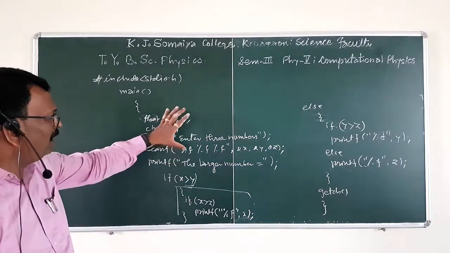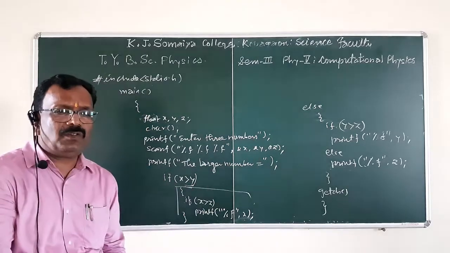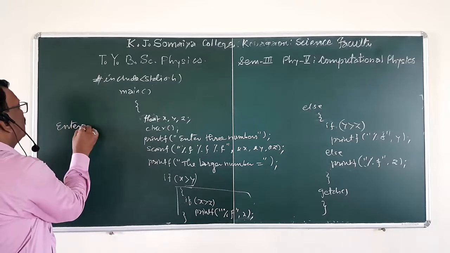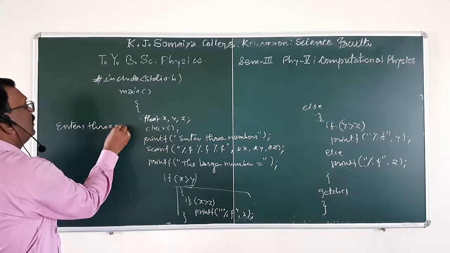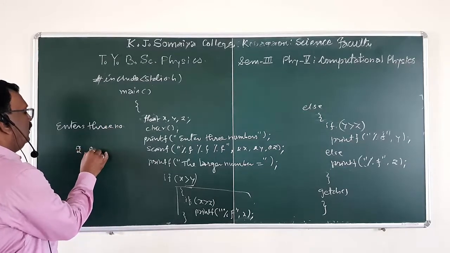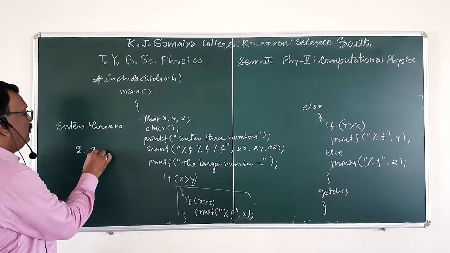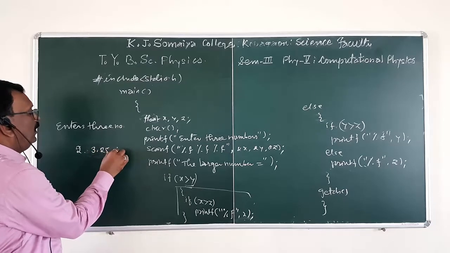What happens in this program? When this program is executed, the message on the screen is: enter three numbers. Suppose we enter the numbers 2, 2.25, 3.25 and 1.